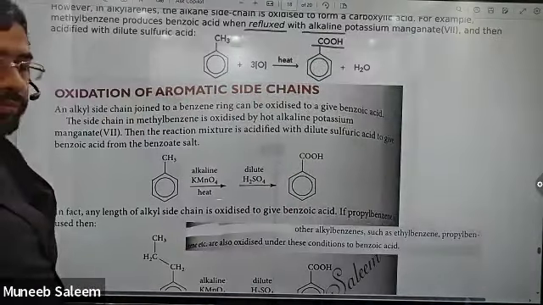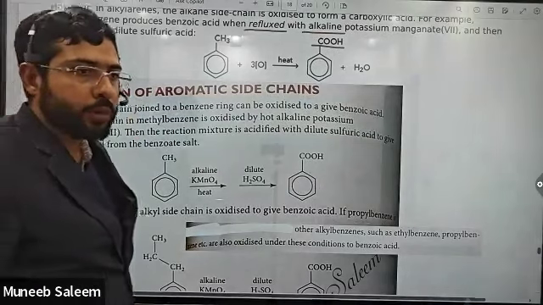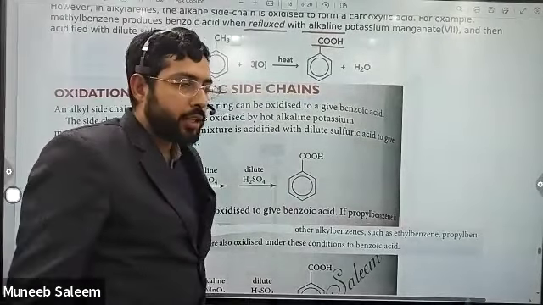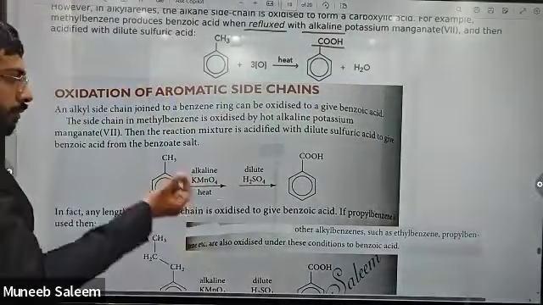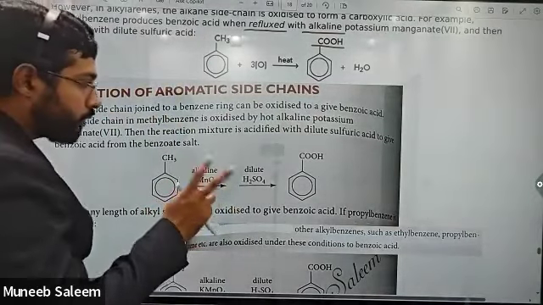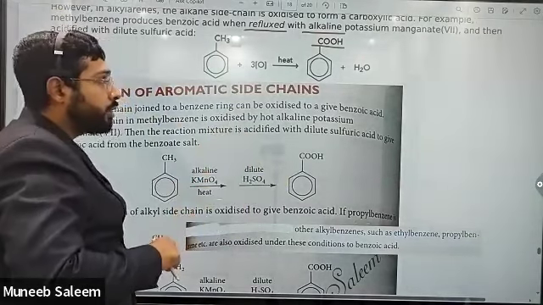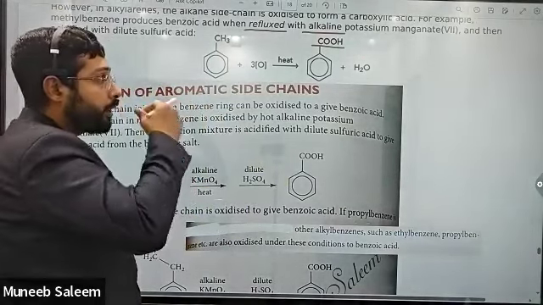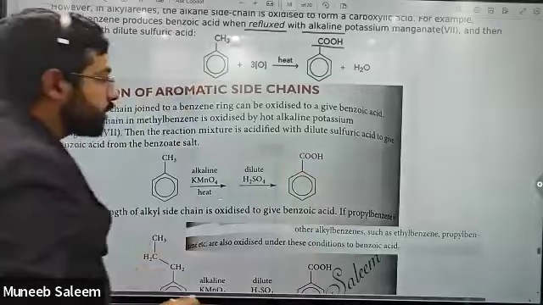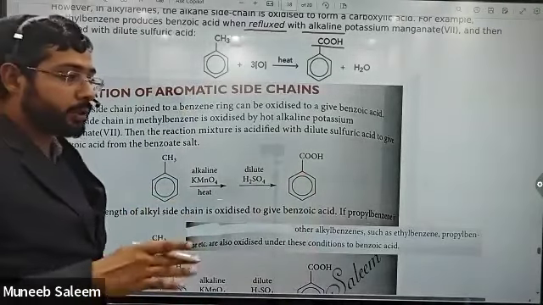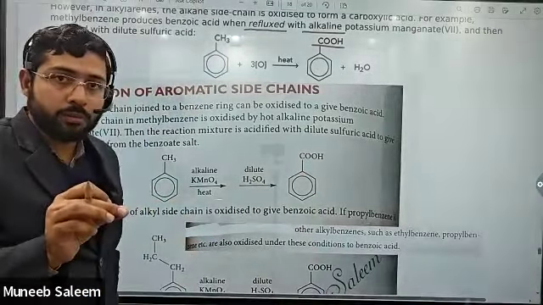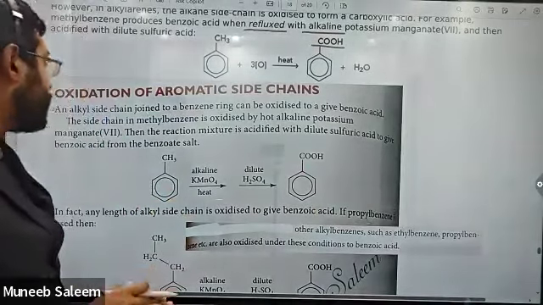So oxidation of any alkyl arene will always produce the same products. Two products will be there: the formation of the benzoic acid along with the formation of carbon dioxide and water. Basically, here we are doing the oxidation of the alkyl chain bonded with a benzene ring.